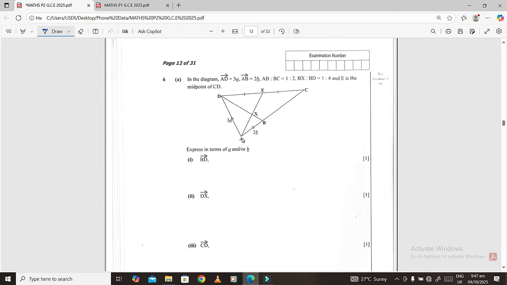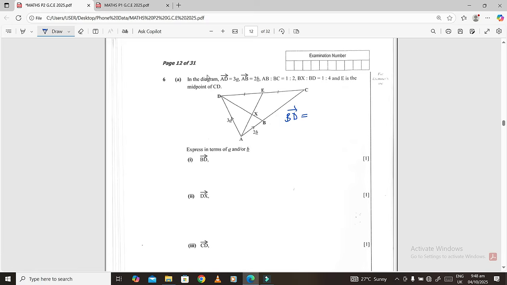So the vectors, they're saying the diagram AD is 3A, AB is 2B, and we've been given the ratio AB to BC equal to 1 to 2, BX to BD equal to 1 to 4, and E is the midpoint of CT. So we now express in terms of A and or B, vector BD.